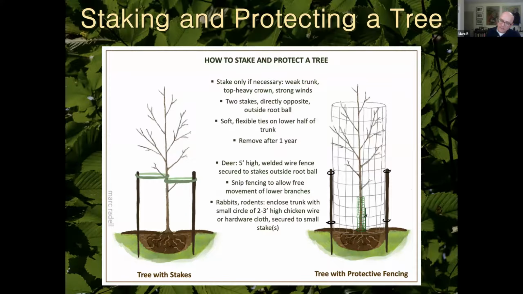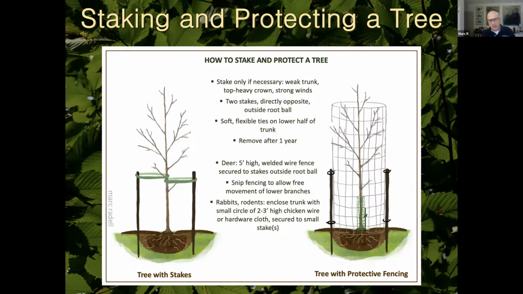I'm generally not a fan of tree tubes. I do know people who use them, and I think they are most advantageous in exactly what you were talking about, places where you don't go that often. Like for an ecological restoration project, they're planting trees that they cannot monitor regularly.